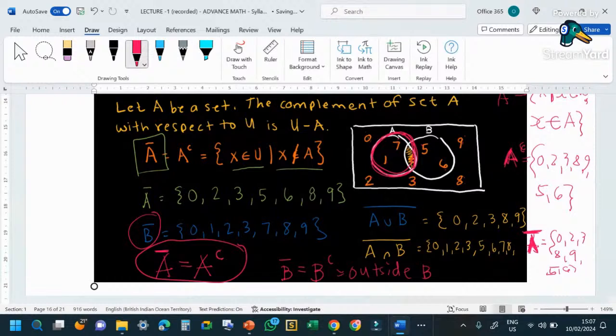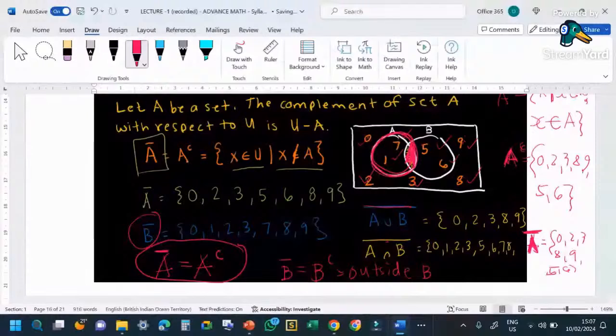Okay. If you have not A union B, then you have 0, 2, 3, 8, 9. That's not A union B. And if it's not A intersection B, not the intersection, then you have 7, 1, 0, 2, 3, 5, 6, 9, and 8.